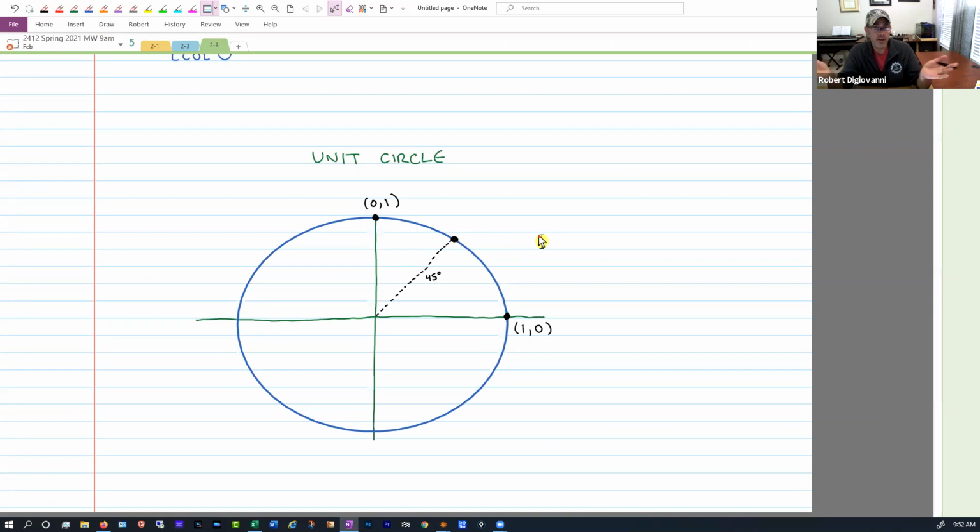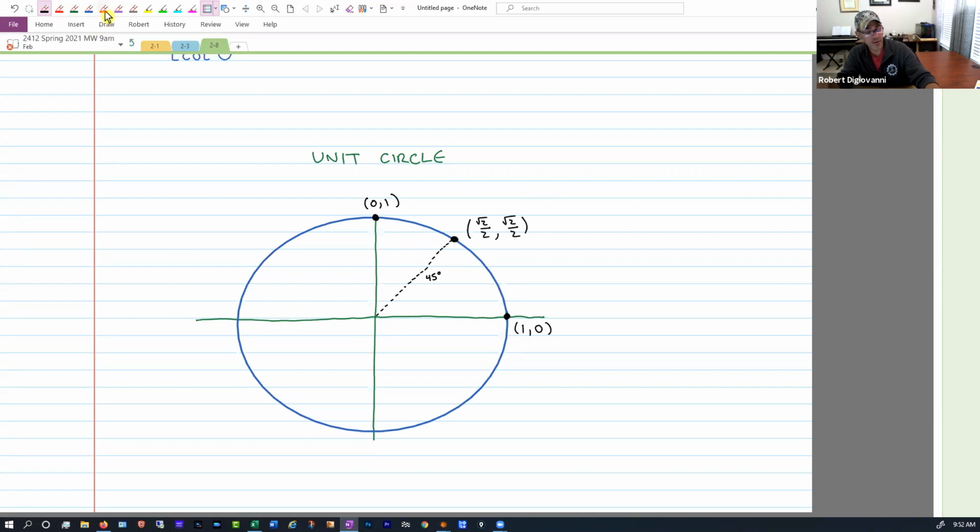You wouldn't know what that point is. I'm going to tell you what it is, and you need to memorize it. The x and y coordinate of that point is √2/2, √2/2. You need to know that. Root 2 over 2, okay?